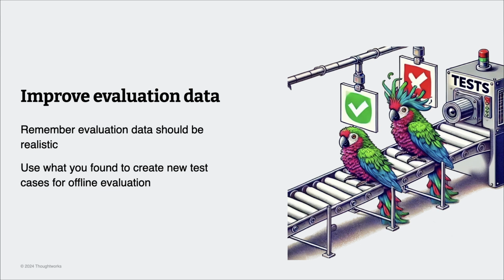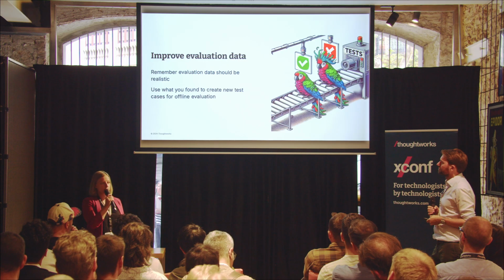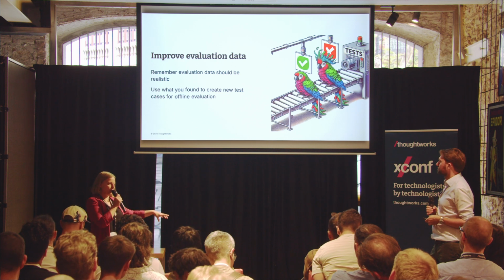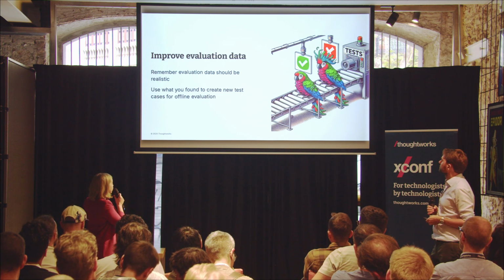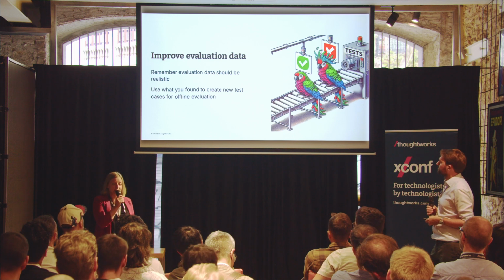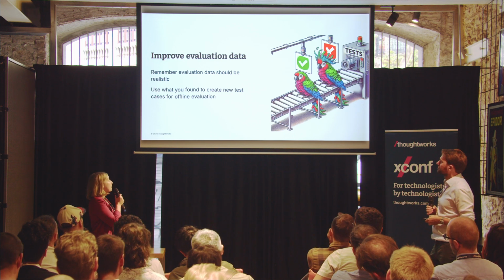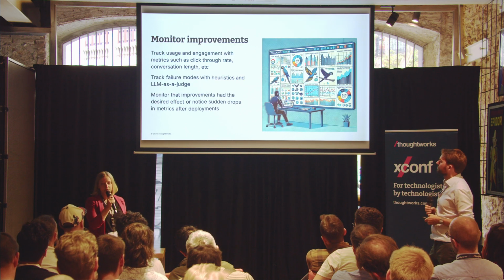Once you've used your LLM as a judge or heuristics to find those problematic cases and maybe prioritize them, you can then look at them, understand them, and then loop them back into the offline evals. This makes it realistic, and then you're good to go.